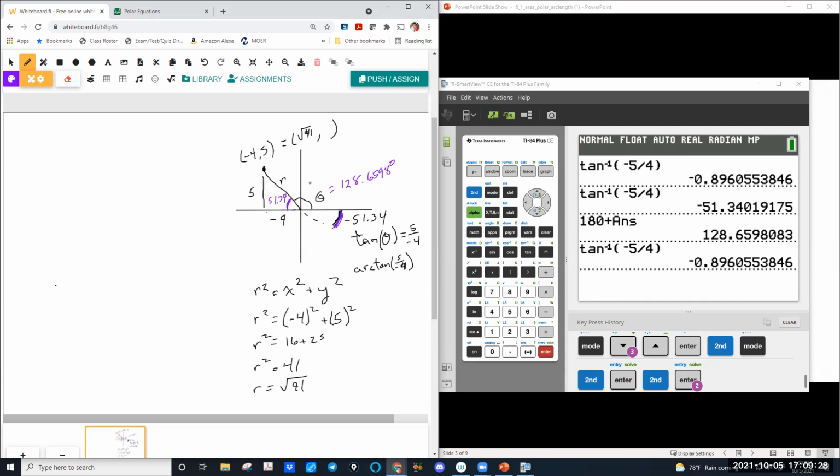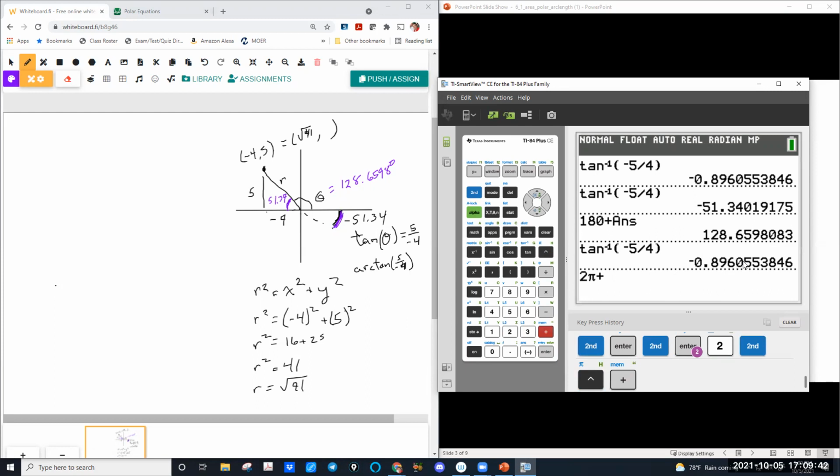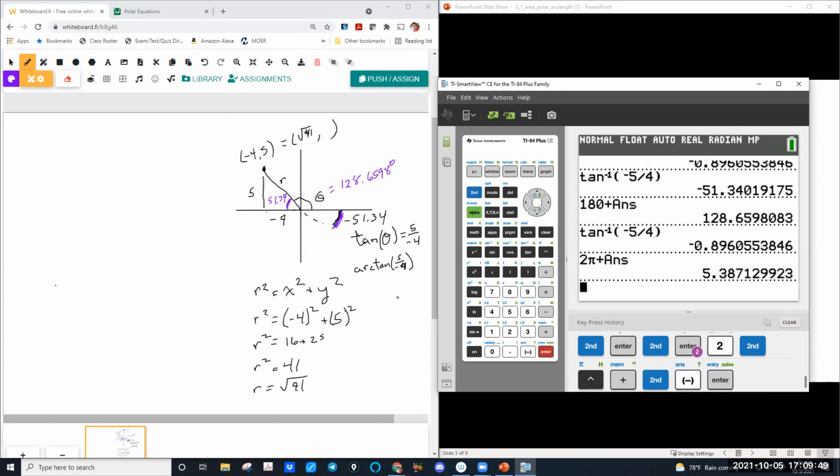Arctan is limited between negative pi over 2 and pi over 2. We have to turn it into a positive angle. In this case, we could do that by taking 2 pi and taking off our reference angle, or since it's already negative, we can add it. So we know that our angle is 5.387 radians.